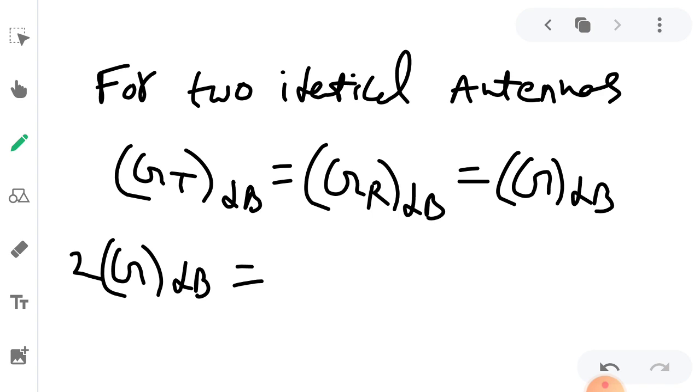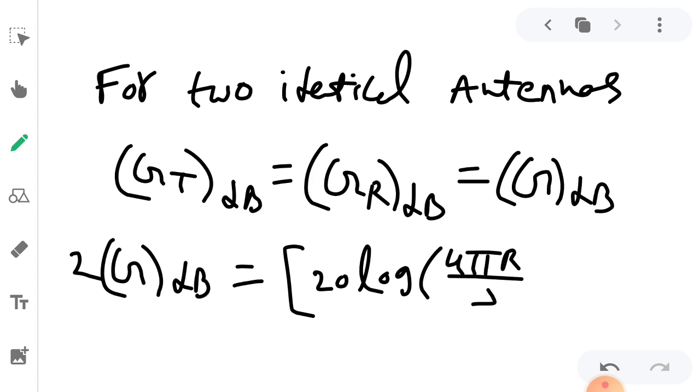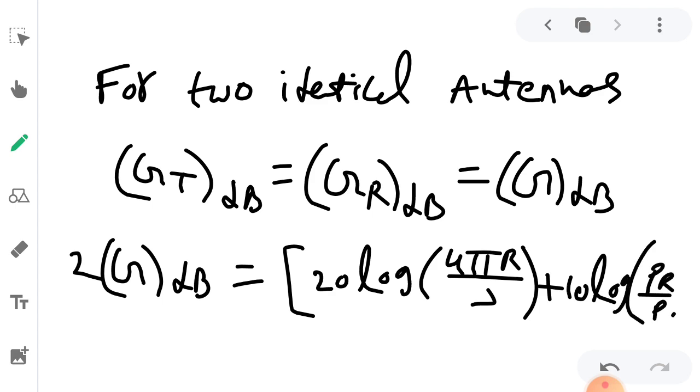So if you bring this 2 on the left hand side, next step we can write, we have already on the right hand side 20 log 4 pi r by lambda plus 10 log of Pr by Pt.